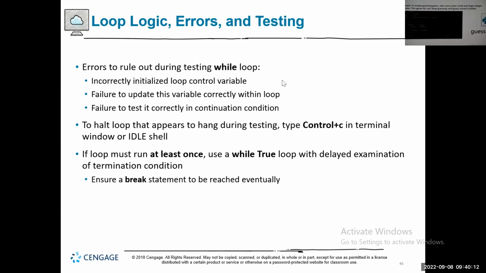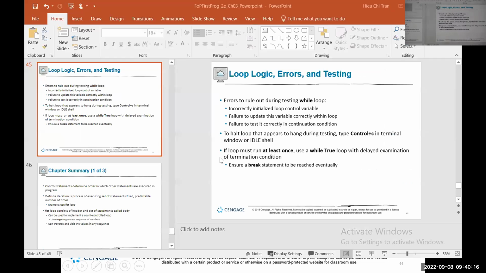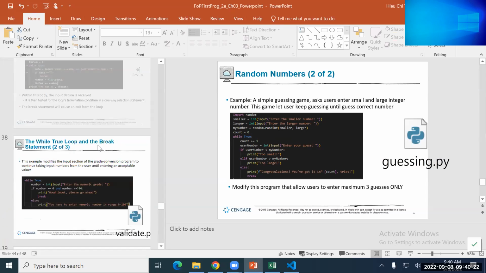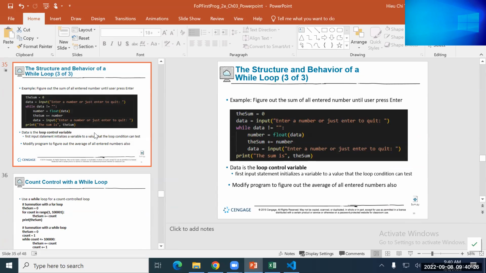So think about, no, it's not this one. Let me go back to see if I have any examples. This one. Okay, this one here. You can think about this one, right? If you look at this program, you can think the data here is the prime input, right? And you need to get it before the loop, because the condition to check the loop here is the data.